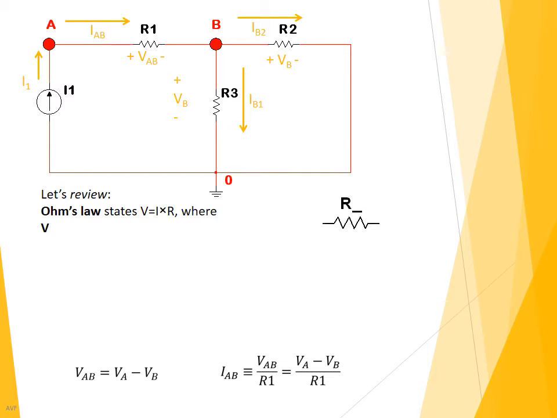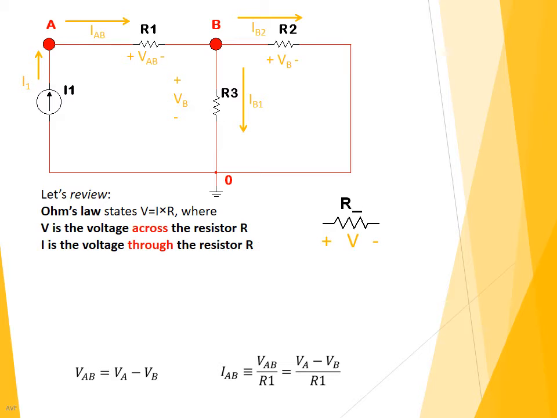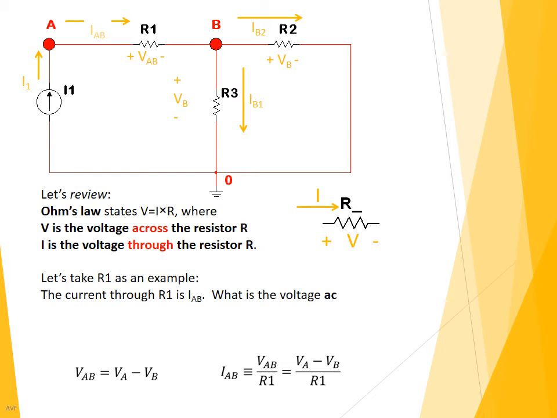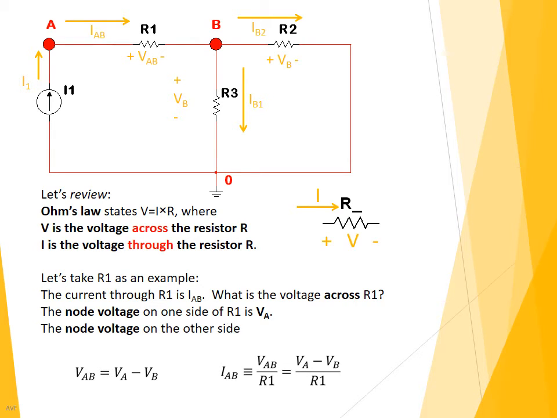Again, let's review how we use node voltages in order to express the relationship between the voltage drop across a resistor and the current going through a resistor. If we take R1 in the circuit as an example, the current through R1 is IAB. The voltage across R1 is VAB, but I can actually express it as a difference between the node voltage at node A and the node voltage at node B. So VAB is equal to VA minus VB.